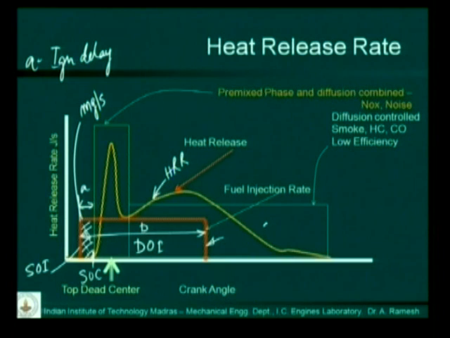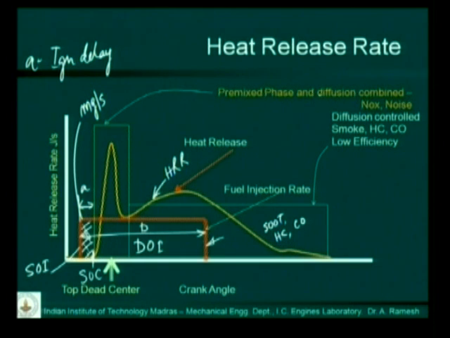So in the second phase, the fuel has to find its air, mix and burn, and if it doesn't find its air, the fuel will burn with insufficient air, and you can have hydrocarbons, carbon monoxide, and very importantly soot. So this phase can give you soot, HC, CO, and efficiency generally in this phase is not very high. So that's what is written here. Diffusion controlled combustion gives you smoke, HC, CO, and low efficiency.